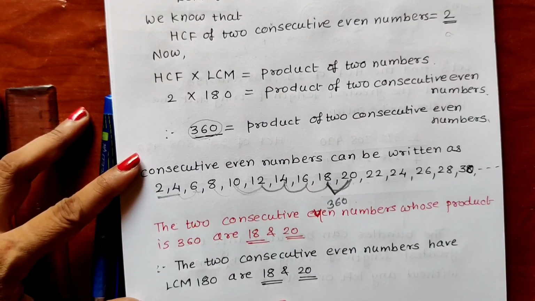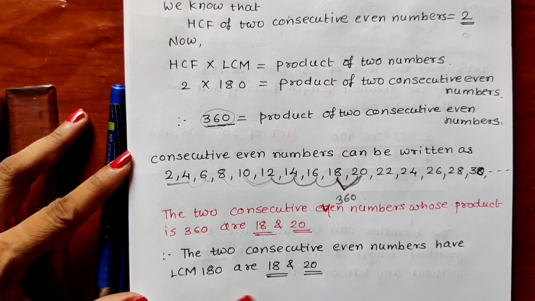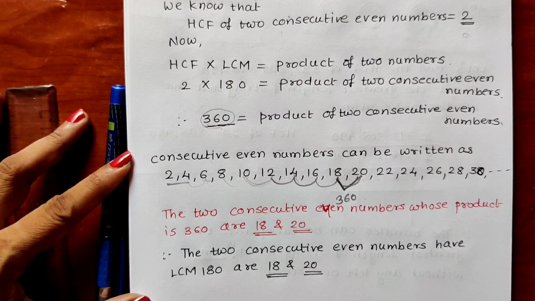If you want, you can find out their LCM and you will get the LCM 180. So in this way we have to solve this sum.